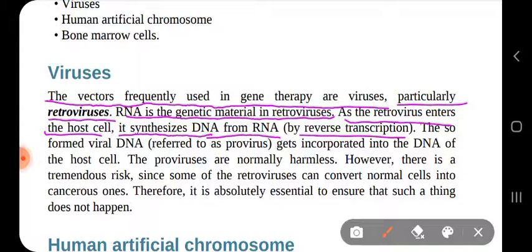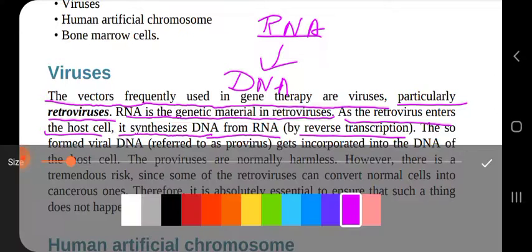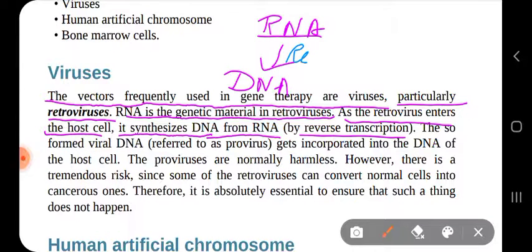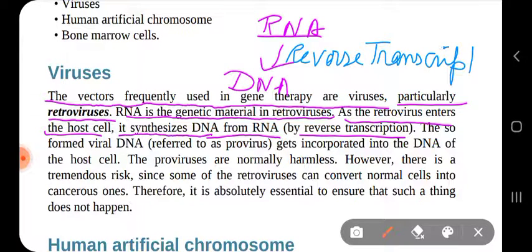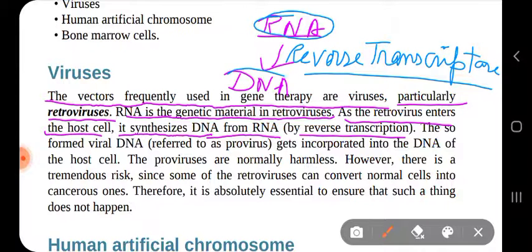During reverse transcription, the RNA will be used as a template to produce DNA with the help of an enzyme, and the name of the enzyme is reverse transcriptase. So with the help of reverse transcriptase enzyme, this RNA will be used as a template to make DNA within the host mammalian cell.